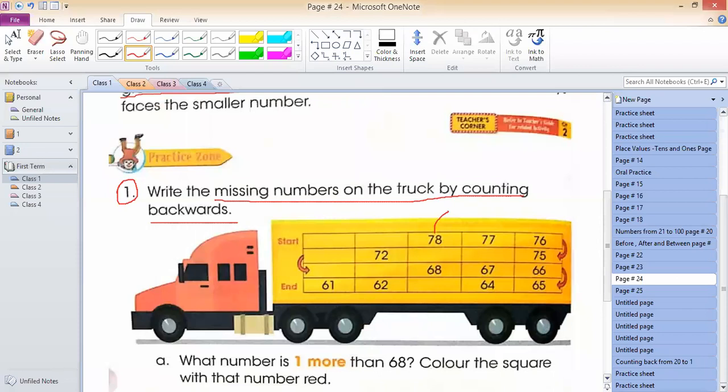When I count back from 78, I will check the number which comes before 78. The number which comes before 78 is 77.